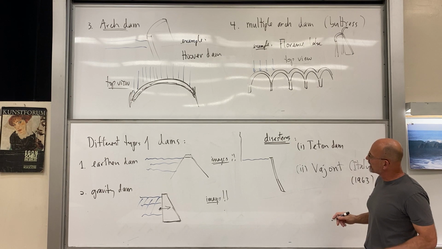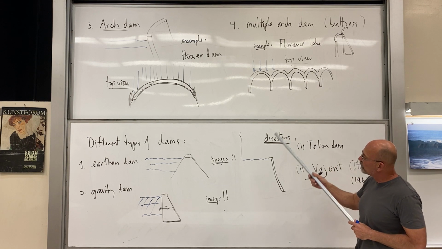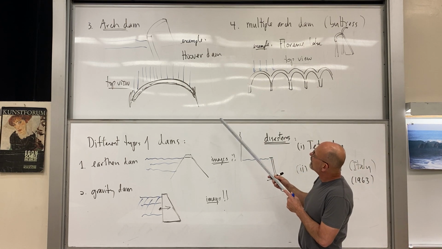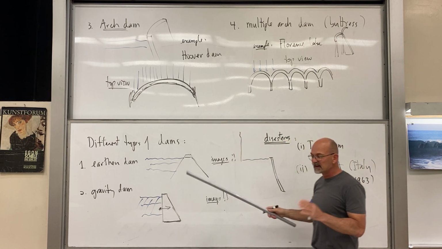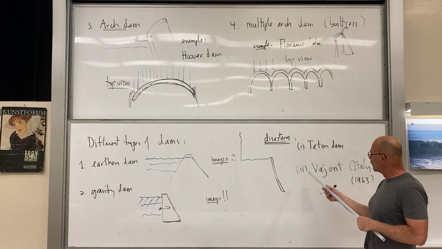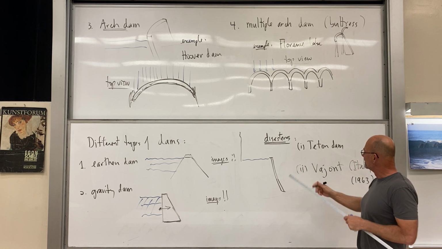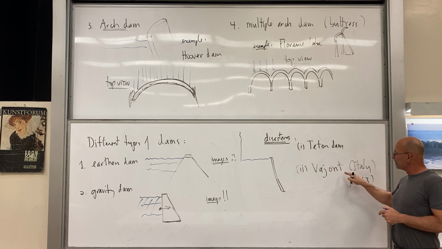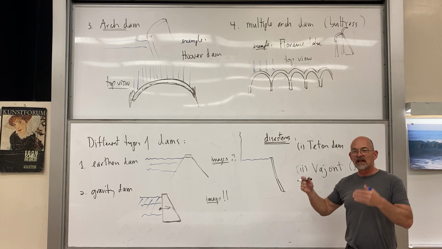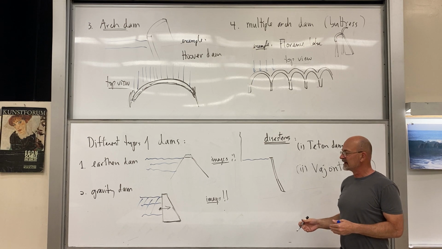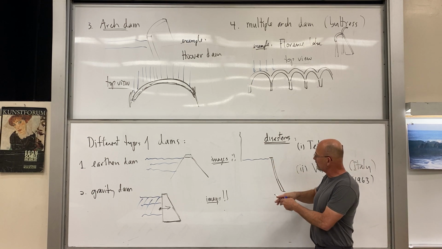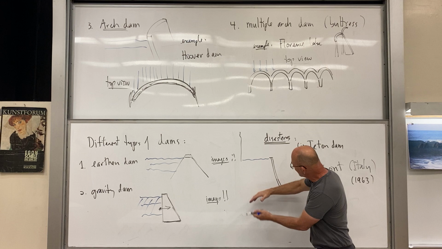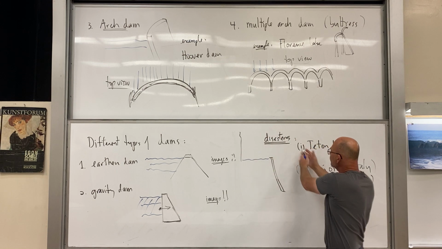This one is interesting because it was a very, very bold arch dam in a narrow canyon, and it was not a dam failure. Teton Dam actually burst. The Vajont Dam suffered a landslide behind it, and a gigantic wave, if you have a landslide behind the dam, it threw a gigantic wave over the dam.